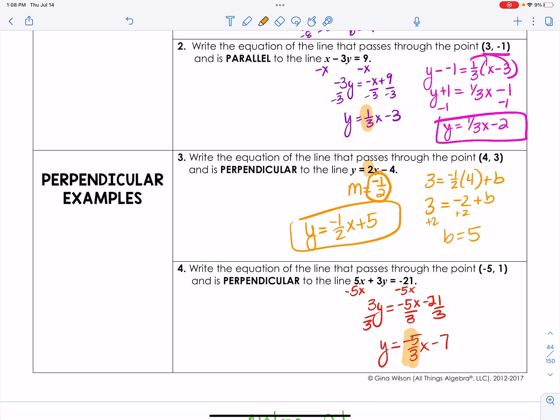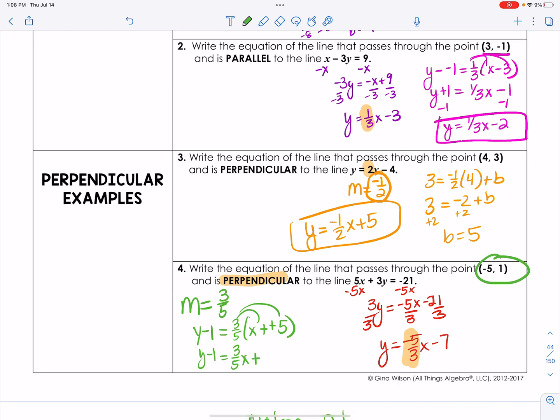Since it says perpendicular, I'm going to flip it, so 3/5, and it would be positive because you're changing the sign. Then I'm going to use that point: y minus the y value equals m times x minus the x value. So y minus 1 times, that would be a plus, so that's 3/5 x plus 15/5, which is 3. Add the 1, and my equation is y = 3/5 x plus 4.